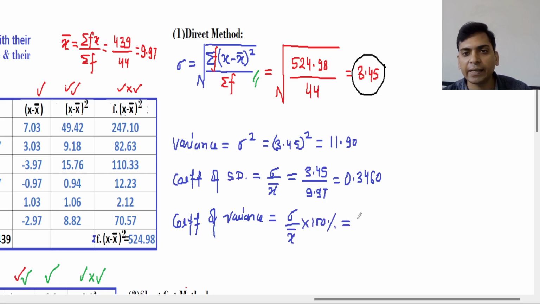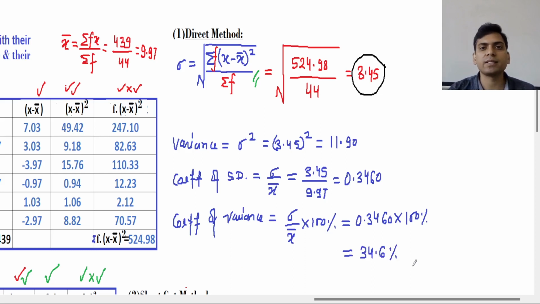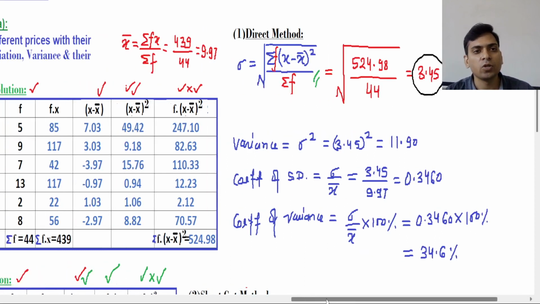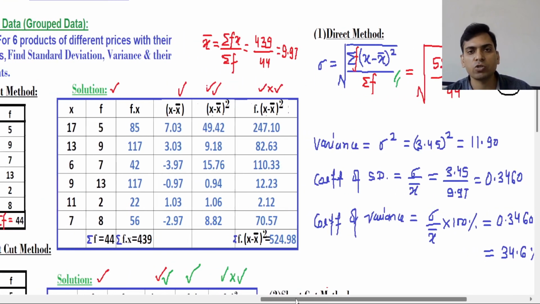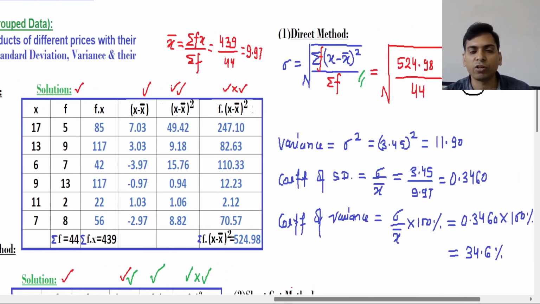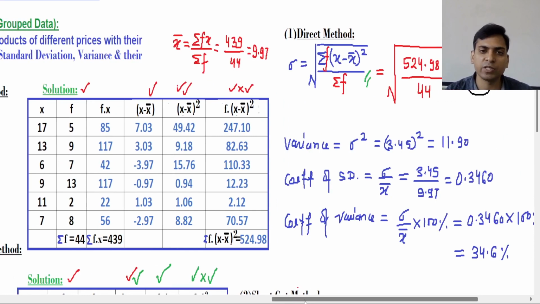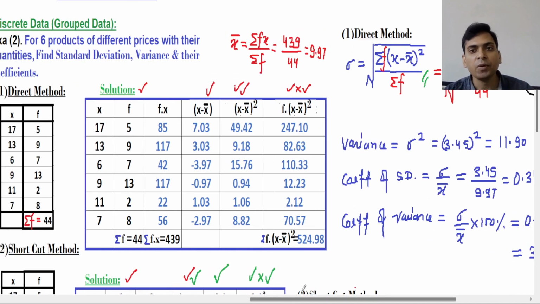So you will get 0.3460 multiplied by 100%, and you will see this quantity as 34.6%. So this is considered as the coefficient of variance. In all situations for variance, coefficient of SD and coefficient of variance, we do the same task with the same formula. The main thing is standard deviation.